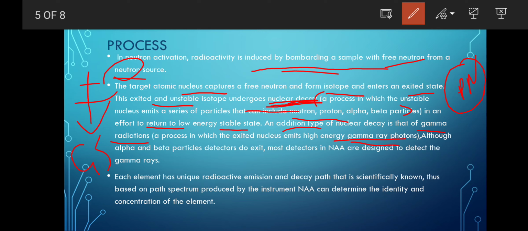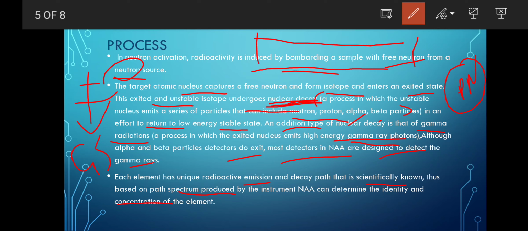Although alpha and beta particle detectors do exist, in most cases neutron activation is specially designed to detect the gamma rays. Each element has a unique radioactive emission and decay path, so it is scientifically known. Thus, based on the spectrum produced by the instrument, it can determine the identity and the concentration of the element.